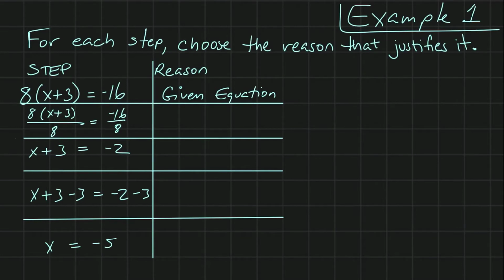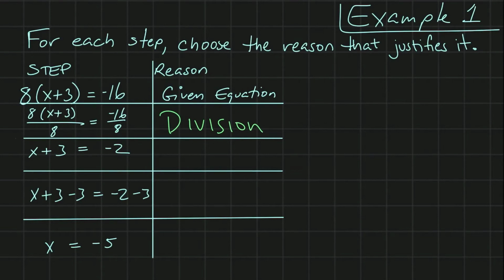The property that we used in this step would be division. Let me write that in really quick. We have division, the division property of equality. On the following step, we only have x plus 3, and then we have equals 2. What happened between our first step and this step?